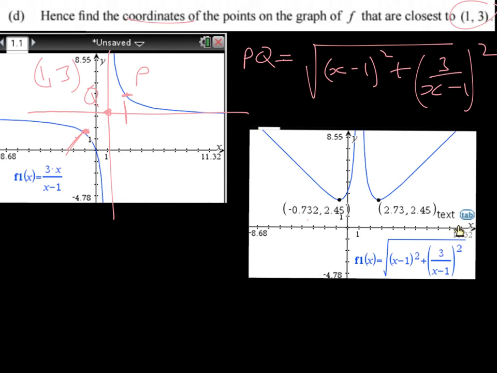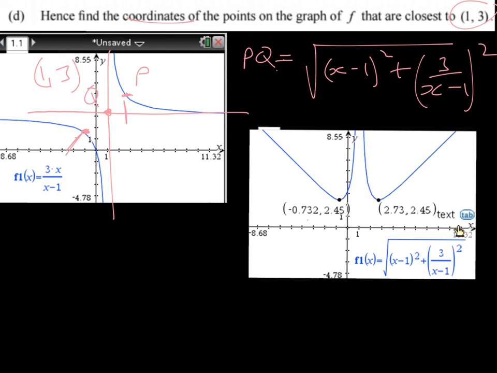So you could have done it that way, or on your calculator graphed it and seen where the derivative was equal to 0. But as I said, just graphing PQ and using the analyze graph tool to find the two minimum points is the simplest way to do this.